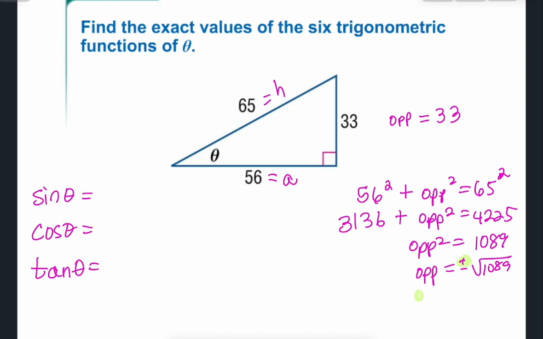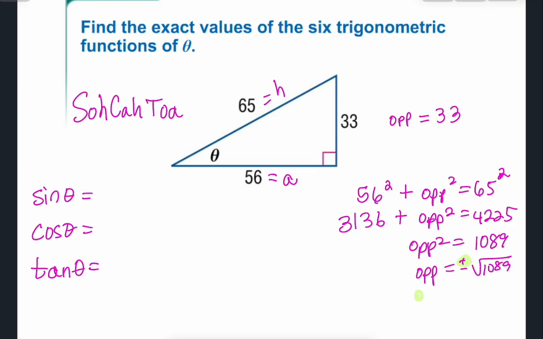Now, I always write those in that order because that is the order that you want to have them memorized. Remember, I told you to memorize that silly little saying, SOHCAHTOA. And because it is in that sine, cosine, tangent order, I always write them in sine, cosine, tangent order because then that goes with what I have memorized.